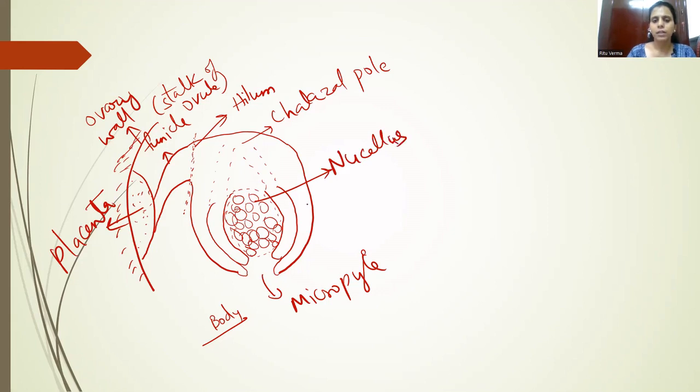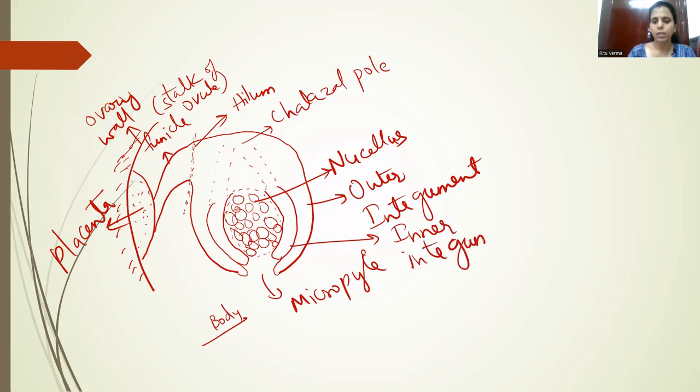And these protective layers of cells are the outer integument, and then we have the inner integument. So initially these are the parts of the ovule. Micropyle is the end of the ovule where integuments are absent. And these are the parts of the ovule in a newly formed, or developing, ovule.